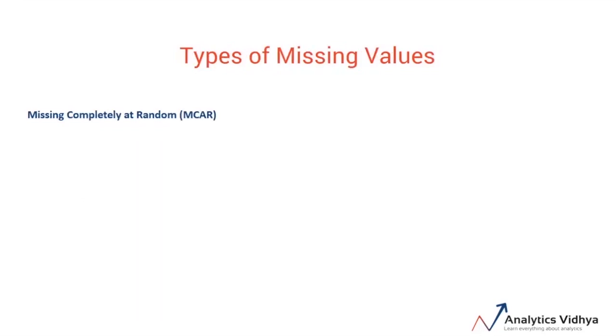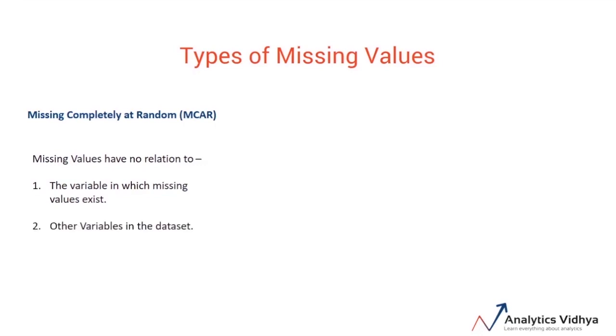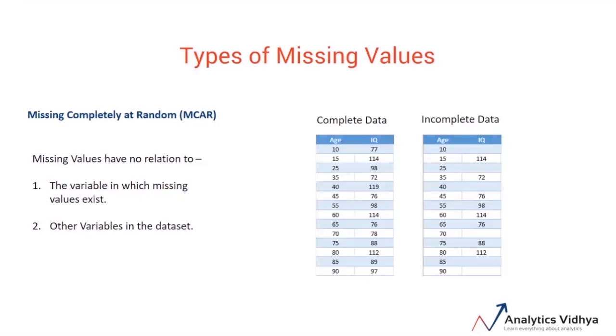The first one is when values are missing completely at random. So what does missing completely at random mean? It means the missing values have no relation to the variable in which missing values exist and also no relation with any other variable in the dataset. For example, have a look at this data. This is the data of age versus IQ.